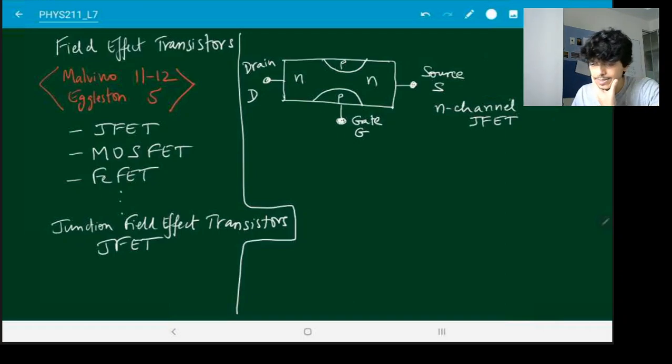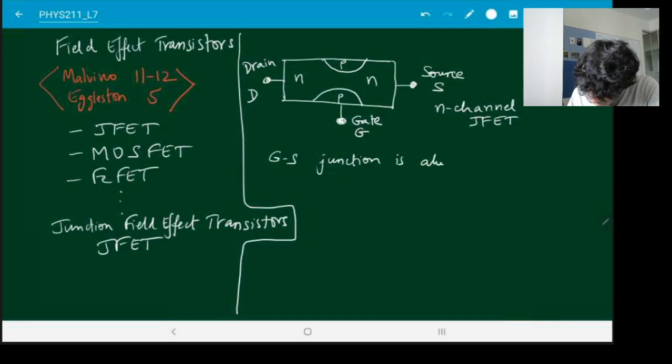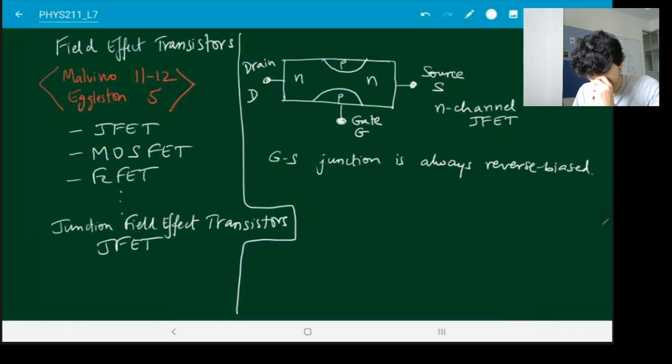How do we bias this circuit? The GS terminal, or the GS junction, is always reverse biased. So your circuit will look something like this.